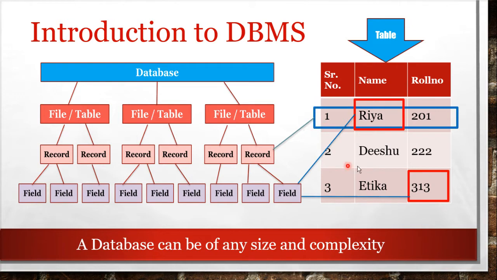Here every record represents information about one student: one record about the first student, the next record about the second student, and the third record about the third student. We can also call them tuples or rows. I think this is clear.